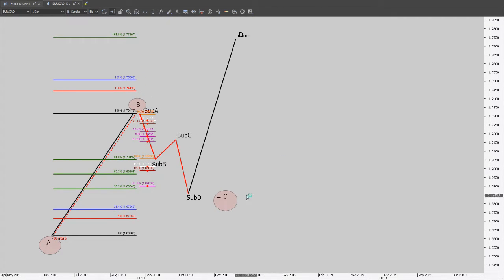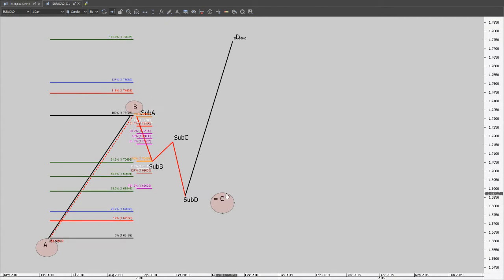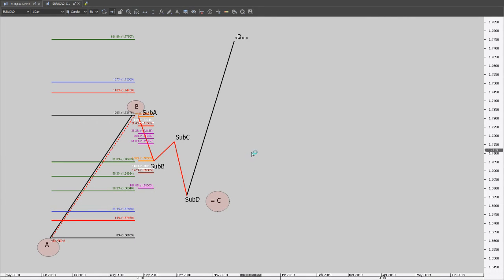Okay. Now, what is the confirmation Fibonacci? The confirmation Fibonacci is the Fibonacci that goes in the same direction as the original Fibonacci.